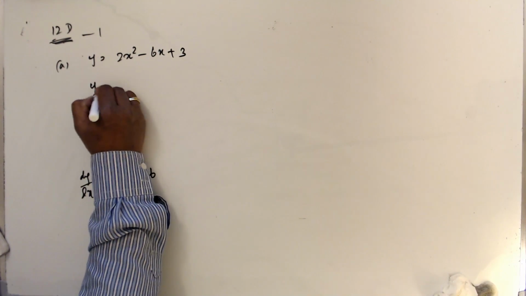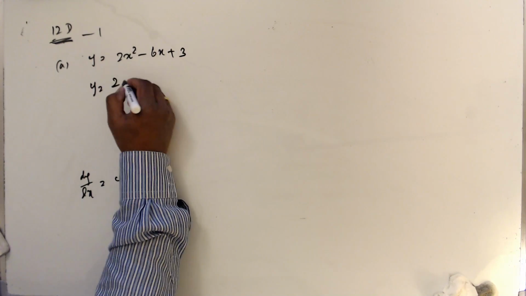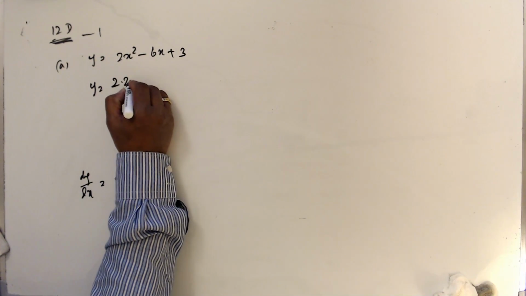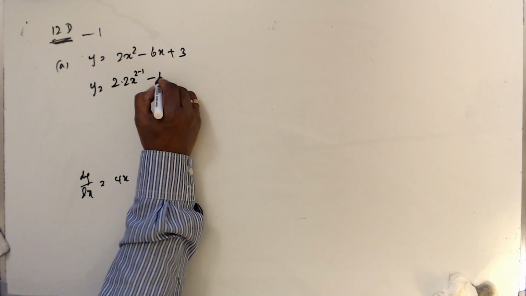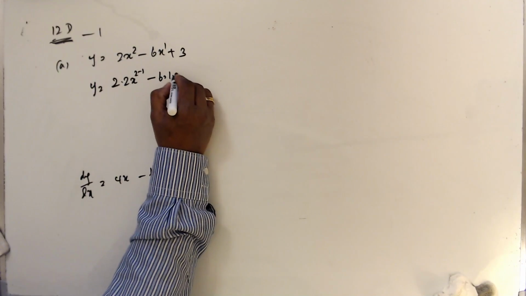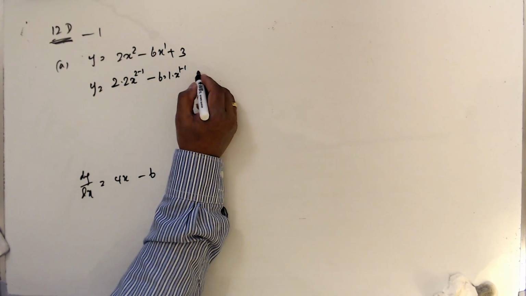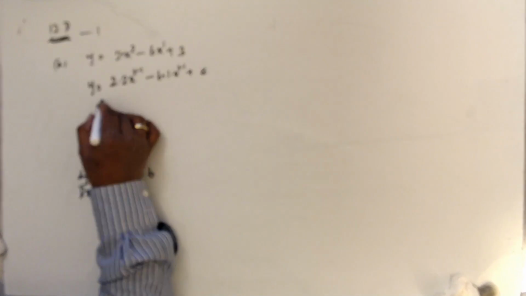So how does it come? This 2, you leave it, it's a constant. Then this one becomes 2x to the 2 minus 1. Then 6, leave it, so this is 1 times x to the 1 minus 1, plus this is 0, constant differentiation is 0.